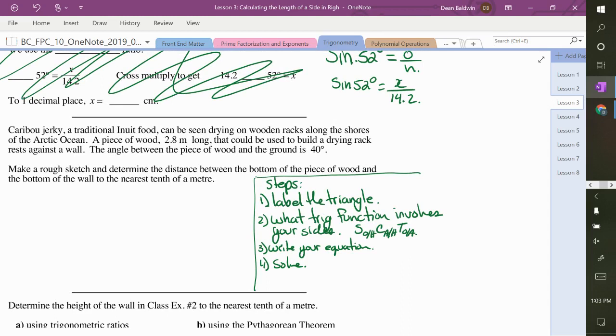So before you do anything, rewrite sine of 52. That's some number. Put it in your calculator. What number is it? What's sine 52 equal? 0.79.